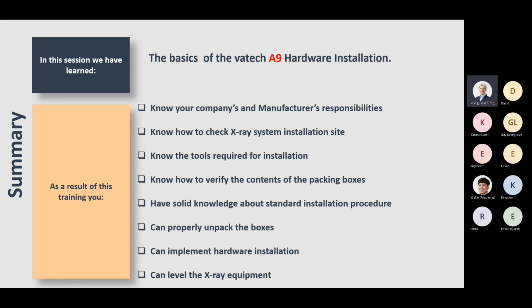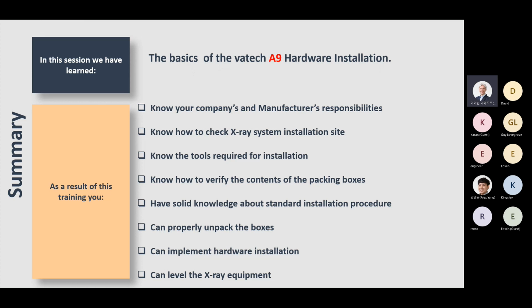Now most of you already know how to install the VATECH products. So all you have to check is the difference: we have the wall bracket not at the SEF part, but on the lower part of the column.